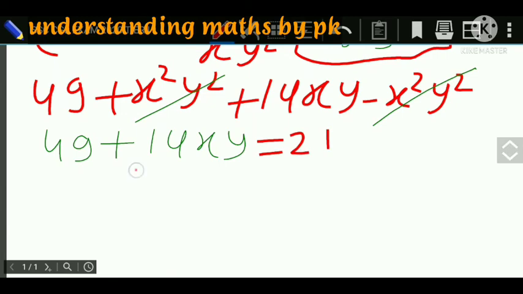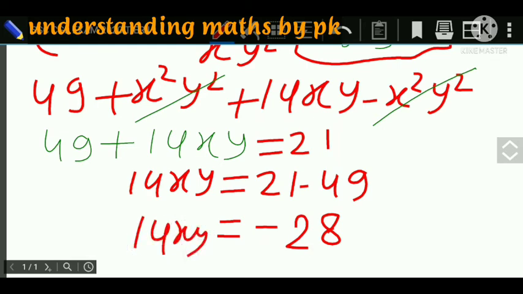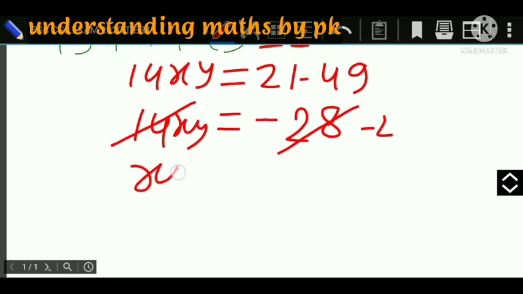Now 14xy is equal to 21 minus 49 equal to minus 28. So 14 twos are 28. Accordingly, xy is equal to minus 2.